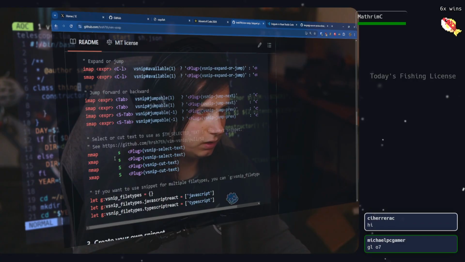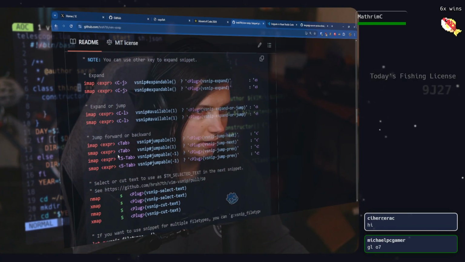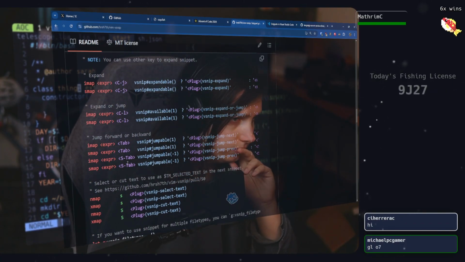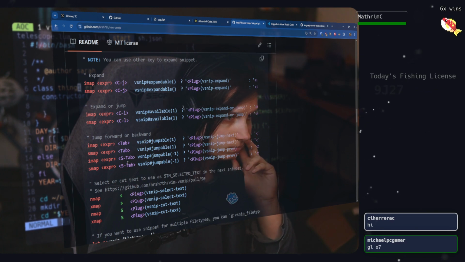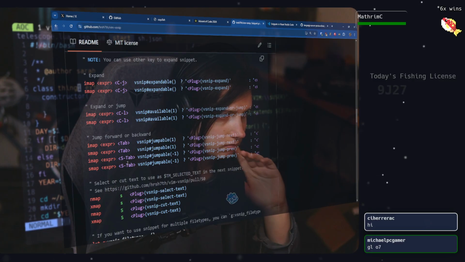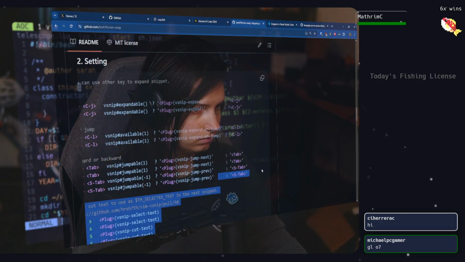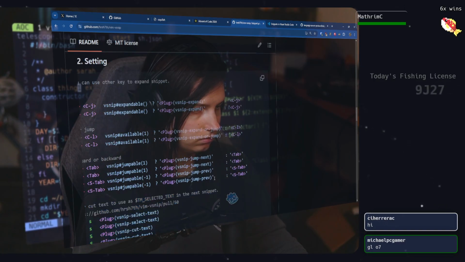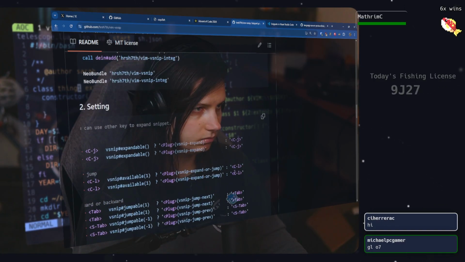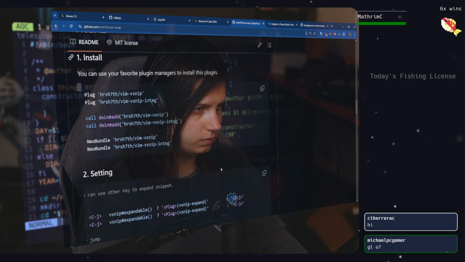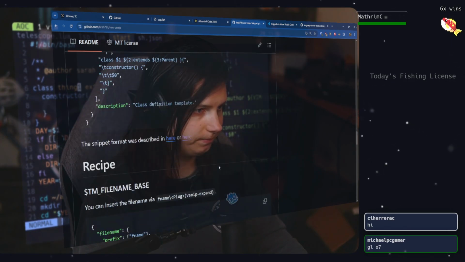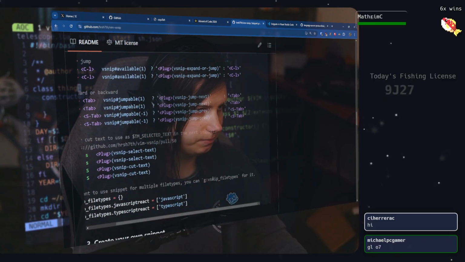Yeah, I kind of already have, although I don't use tab in insert mode. I wish this was in Lua, not Vim script.